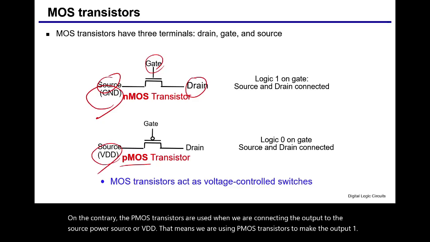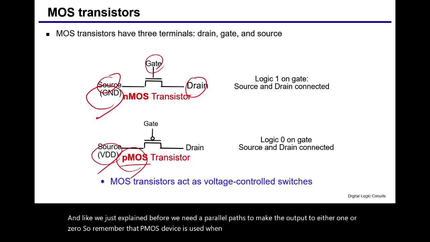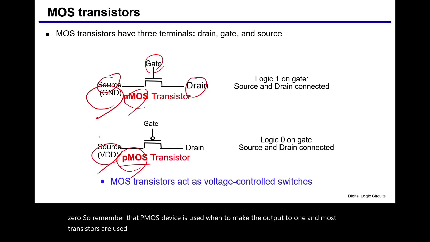And like we just explained before, we need a pair of paths to make the output either 1 or 0. So remember that PMOS devices are used to make the output 1, and NMOS transistors are used when we want to make the output 0.